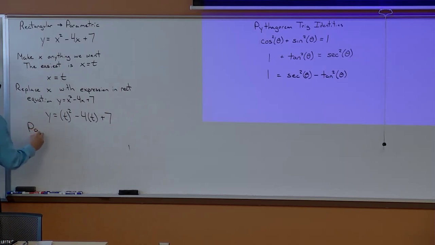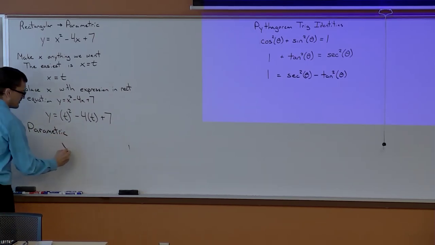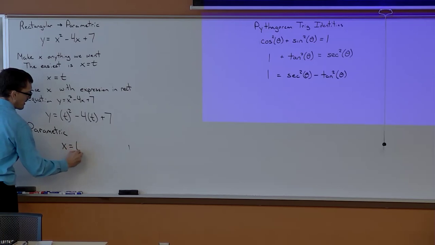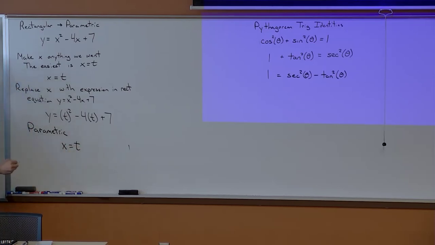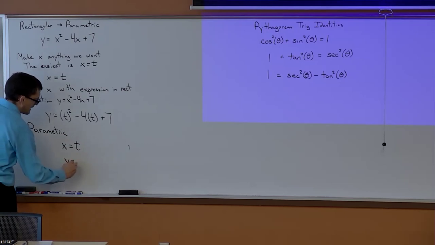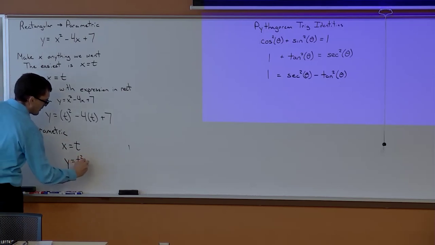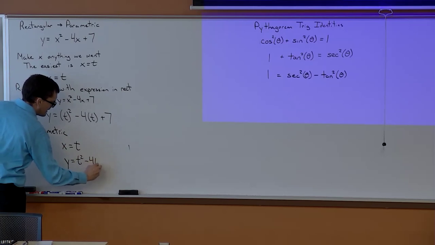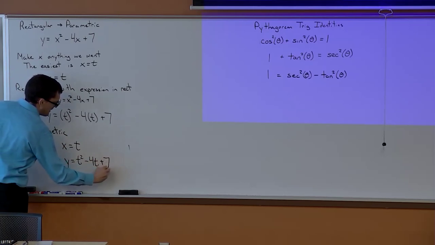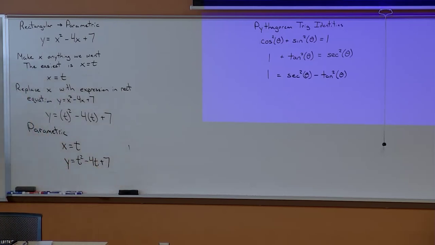And then my parametric set of equations has x equals t as the first equation and y equals t squared minus 4t plus 7 as the second equation.